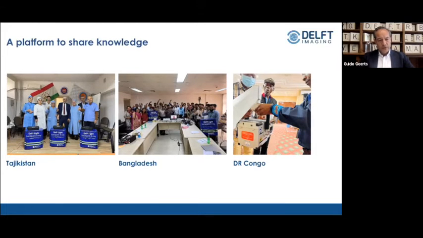So we've introduced and installed hundreds of backpack X-rays and probably almost 1,000 of the CAD for TB boxes worldwide. And we learned a lot of this.